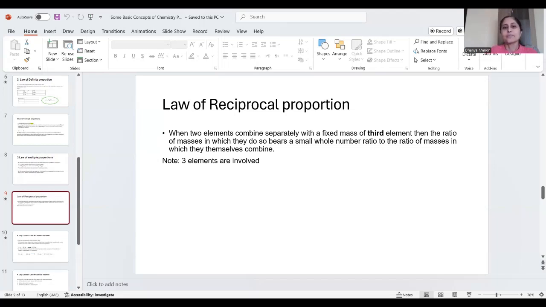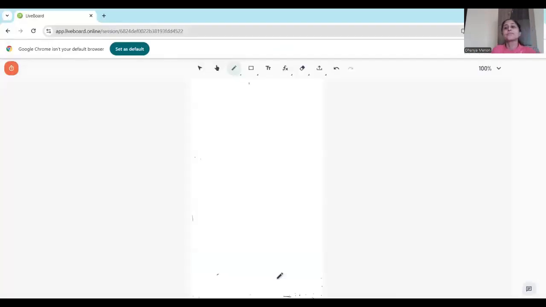Let's check out. Okay, so share करती हूँ screen. Okay. The first part of the statement: when two elements combine separately with the fixed mass of the third element. Okay. So carbon and sulfur. When two elements, carbon and sulfur are my two elements. Okay.